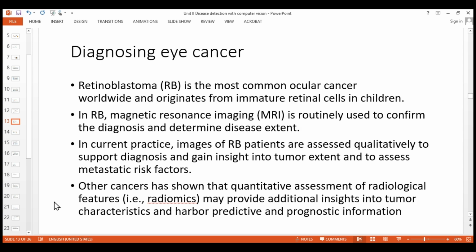So the RB patients are now assessed qualitatively to support diagnosis and gain insight into tumor extent and to assess metastatic risk factors. Other types of cancer also can be diagnosed by using MRI.